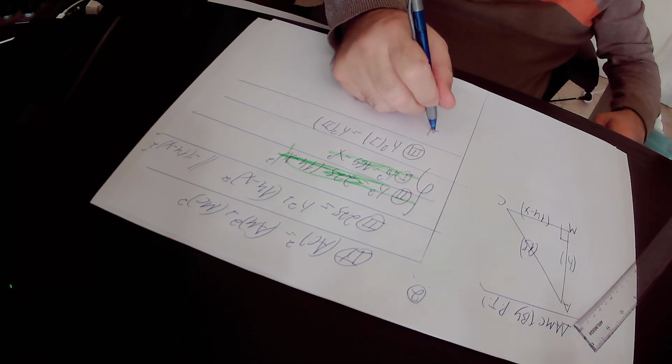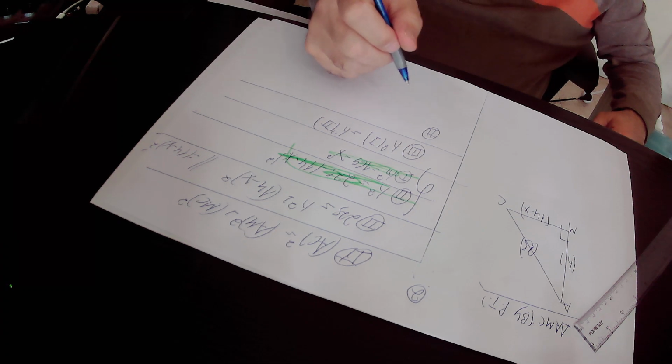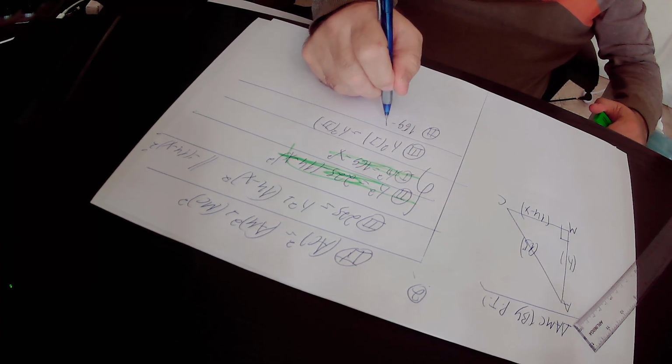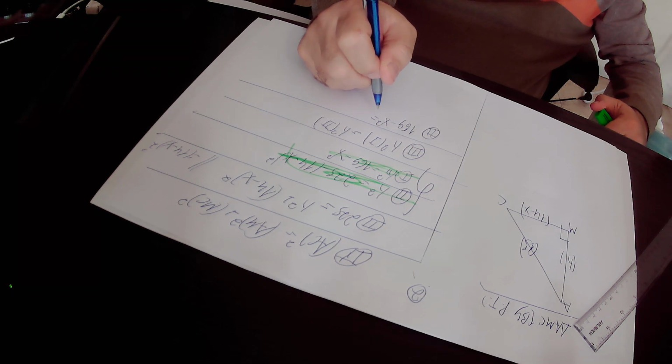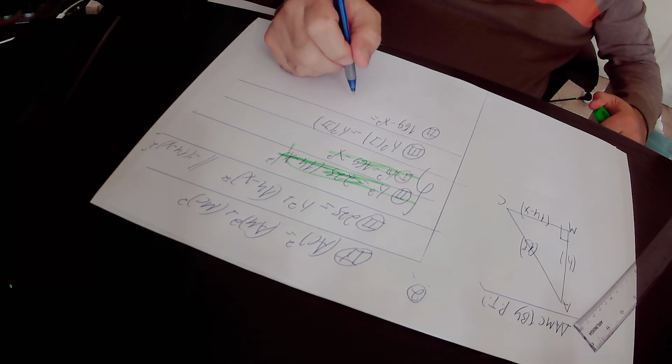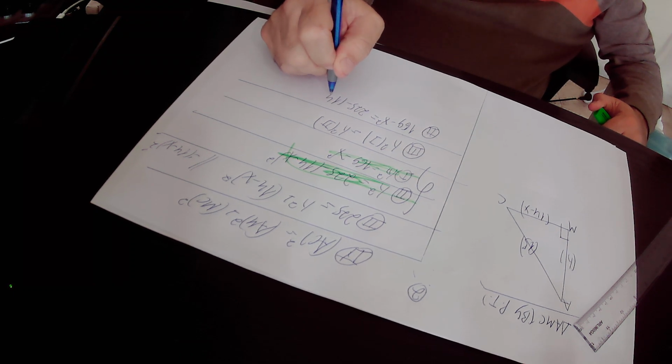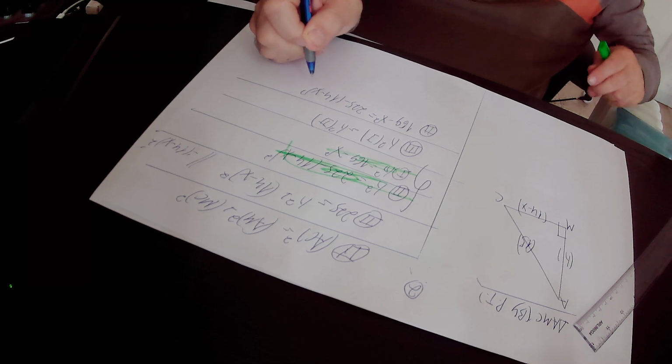H squared according to equation number 1 is 169 minus x squared, and it must be equal to h squared according to equation number 2, that is 225 minus (14 minus x) squared.